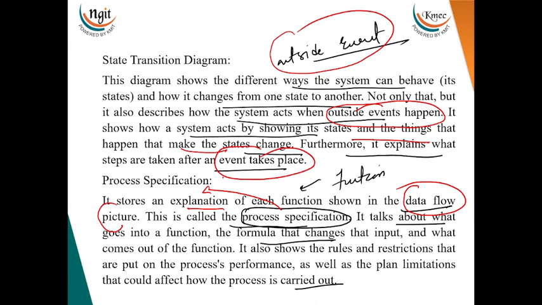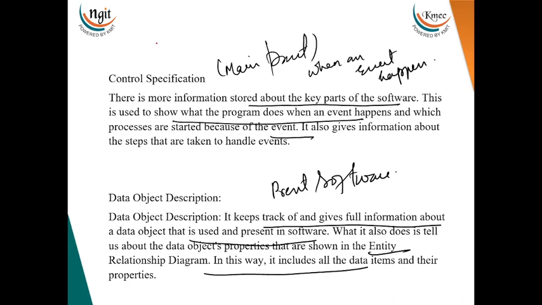Process specification deals with functional information and how the data flows. It describes what goes into the function, the formula that changes the input, and what comes out of the function. It also shows the rules and restrictions put on the performance of that function. So process specification deals with the function, the function input, and the function output. Control specification is nothing but your main part.